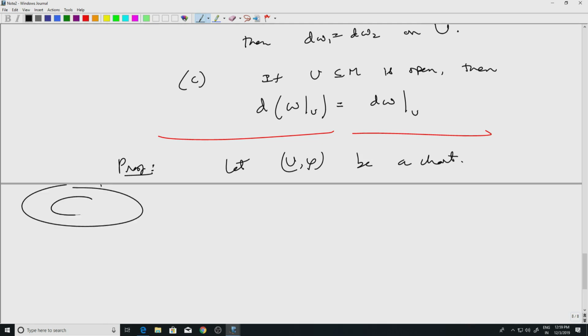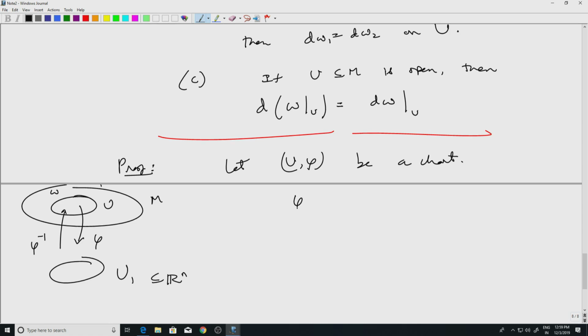So as usual, this is U, this is phi, and this is what I've been calling U1. This is R^n, this is the manifold. So phi inverse goes in this direction. Omega is here on the manifold. So I can pull back omega by phi inverse star to U1.